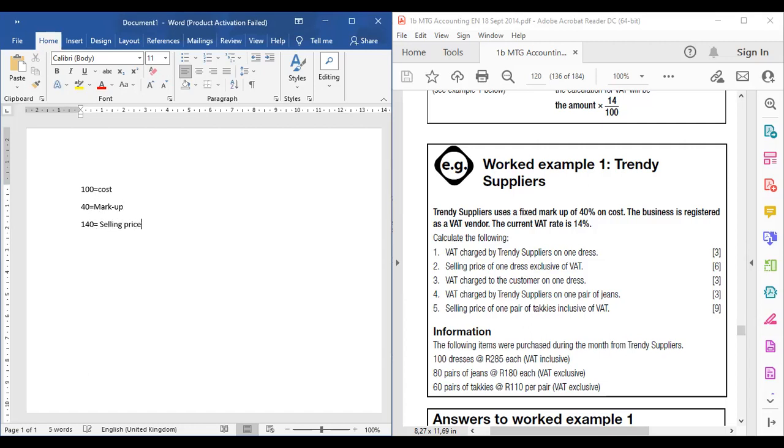So we start from there. This is in relation to the markup. But on the other hand, 100 is equals to cost or selling price. It depends on what you are looking for.